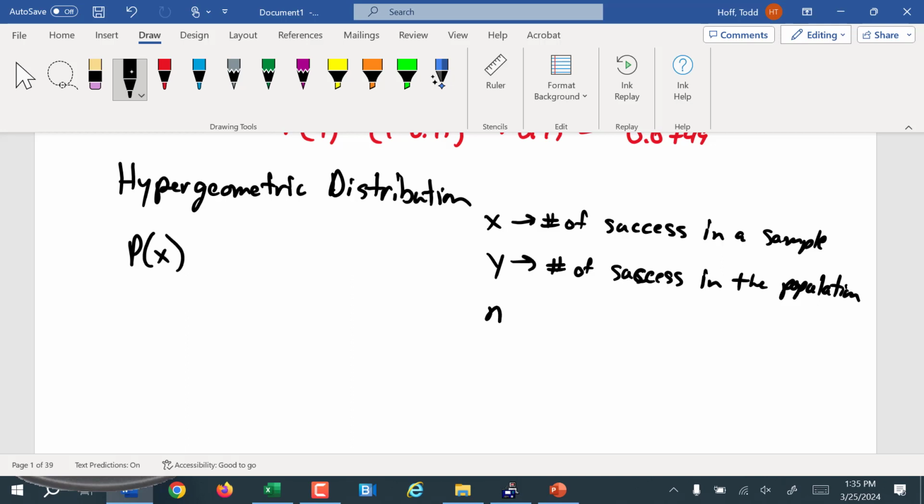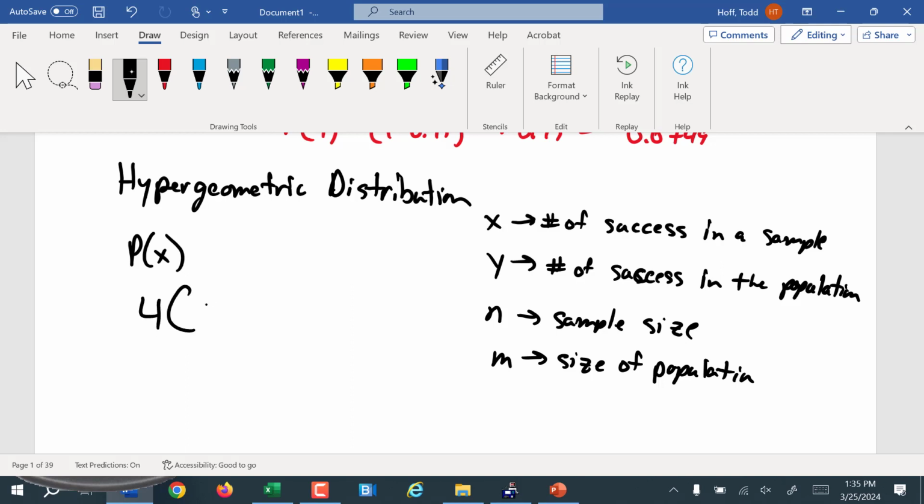N is the size of the sample. M is going to be the size of the population. So if I have a 4C2, what that is saying is 4 factorial over (4 minus 2) factorial times 2 factorial. That's what that notation means.